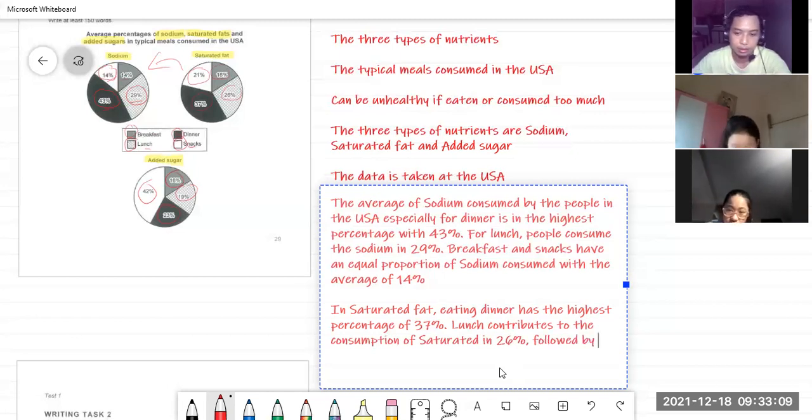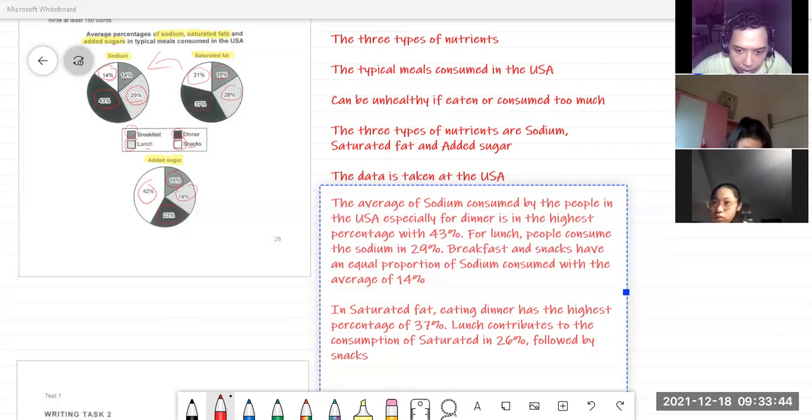And then followed by what else after the lunch? Followed by snacks, because snacks has the number 3 highest.